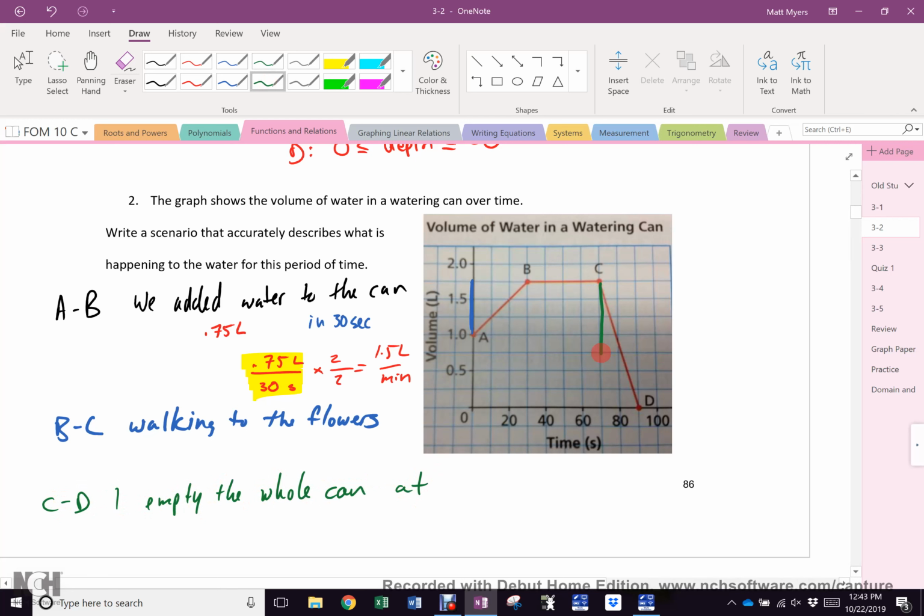How far down did I go? 1.75 in how much time? 20 seconds, right? How do I make that a minute? What do I got to multiply by? So I got to multiply that by 3. So what is it?